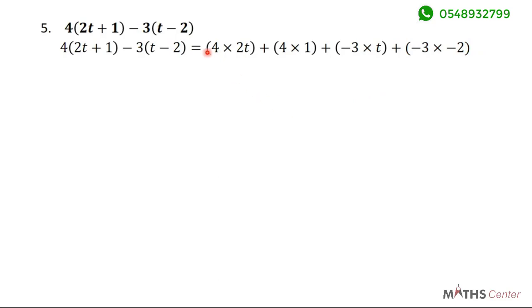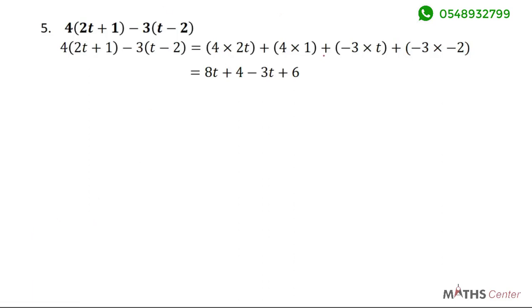We have seen from multiplication of algebraic expressions that 4 times 2t is going to give us 8t. 4 times 1 will give us 4. Now we come here. Minus 3 times t is going to give us minus 3t. But we have plus here and we have minus in the bracket. So it's going to be like this.